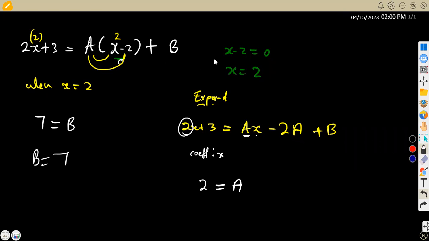So our A is equal to 2, our B is equal to 7.